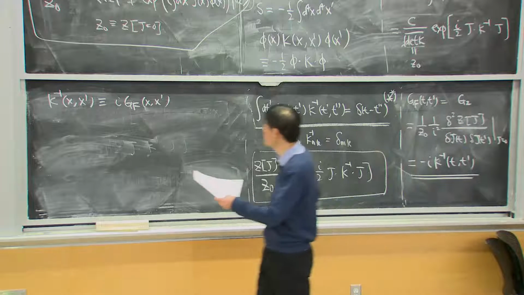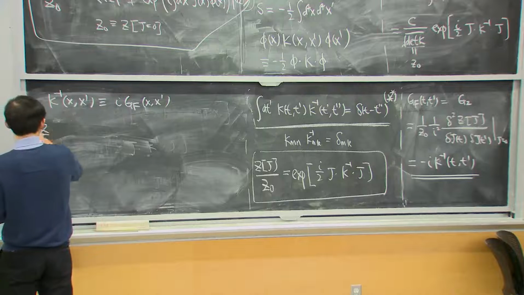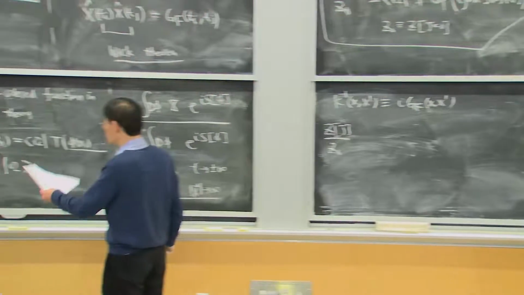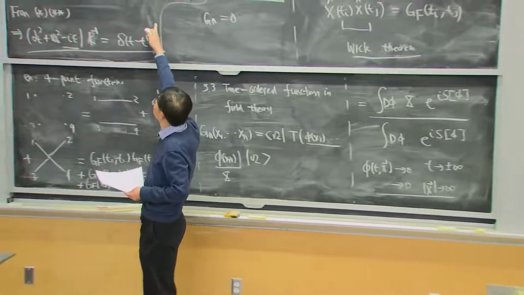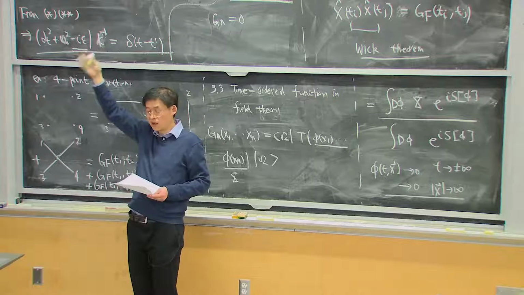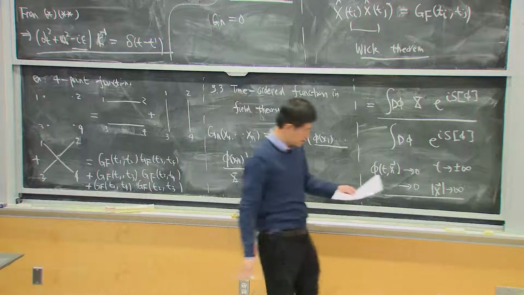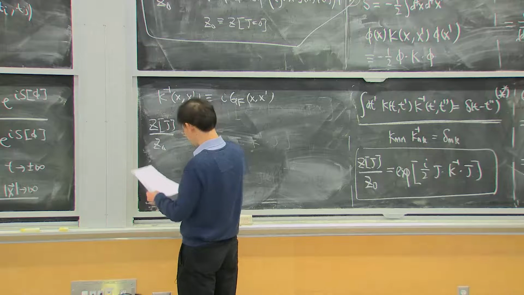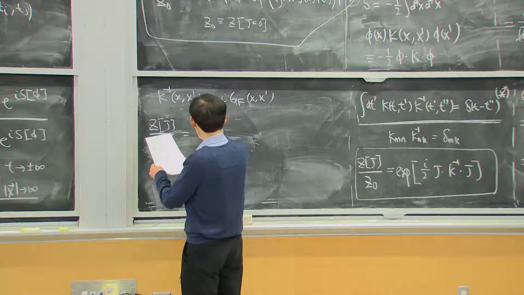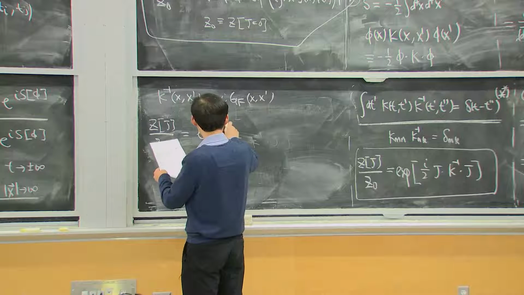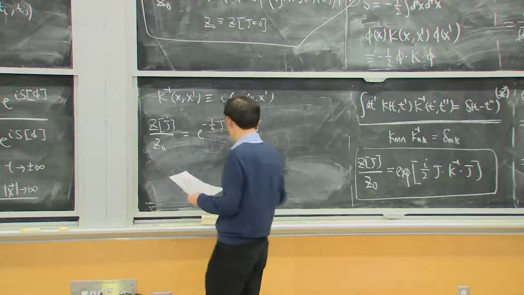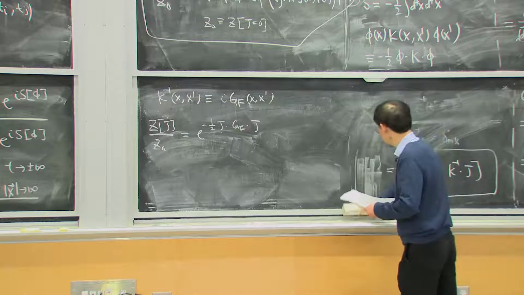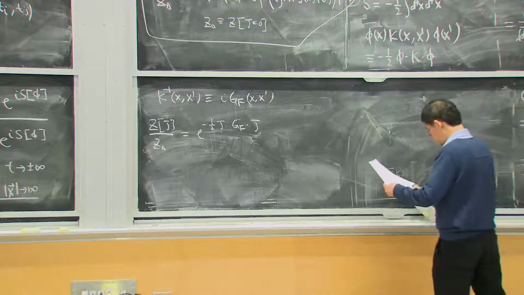So now the final answer, Z_J divided by Z0, is exactly the same as before. You just replace the dt integral by the d4x integral. Exponential of minus 1/2 J G_F J. Any questions on this?